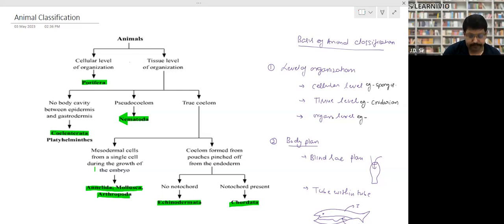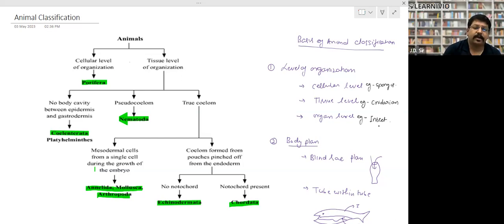Full stop. Example: insects and mammals.